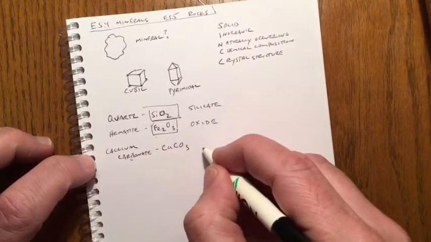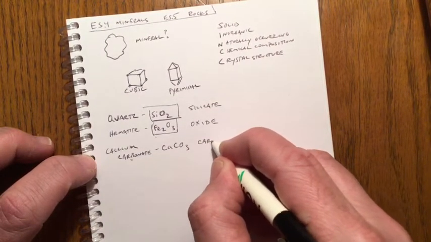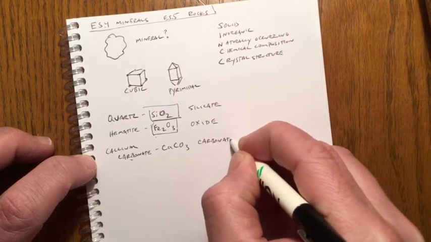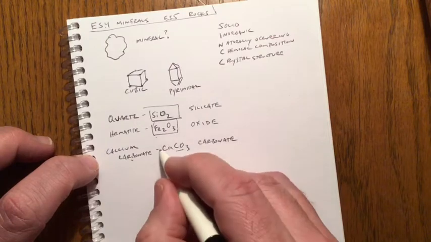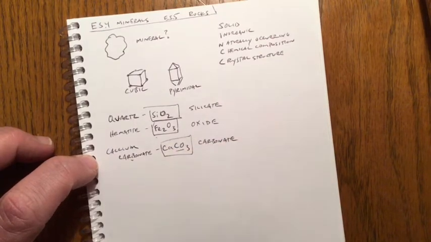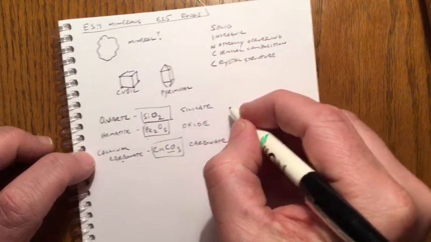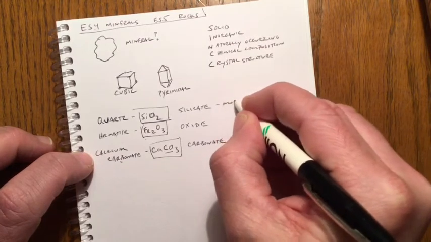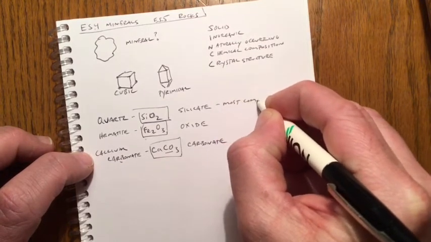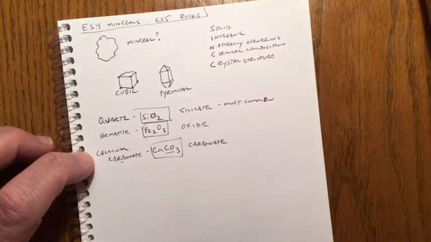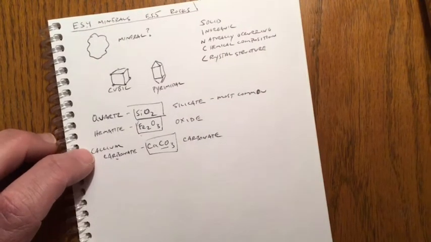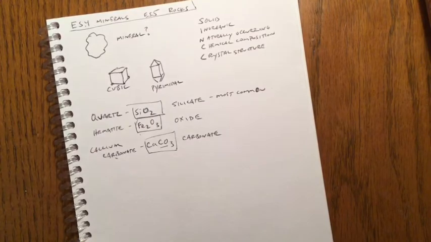And calcium carbonate is a carbonate, which means it's got this CO3 as part of its crystal structure. So once again, silicates are the most common mineral in Earth's crust. Oxides and carbonates are also pretty common, but silicates are the most common.